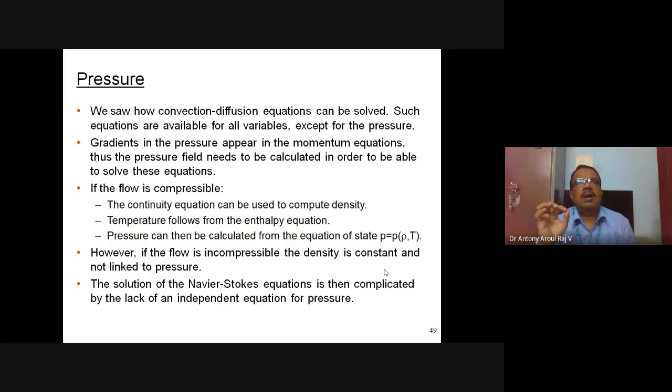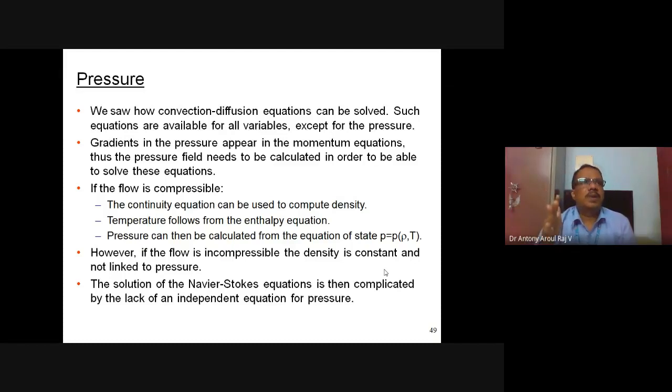At low pressure or at low velocity, the fluid will behave like an incompressible flow only. A fluid behaves in a compressible manner only if the Mach number is greater than 0.3. That approximately means the velocity will be greater than 30 to 40 meter per second.